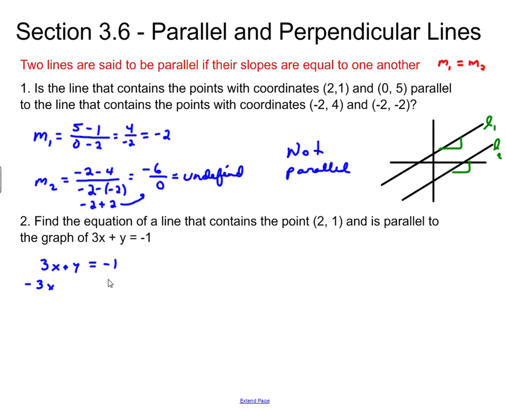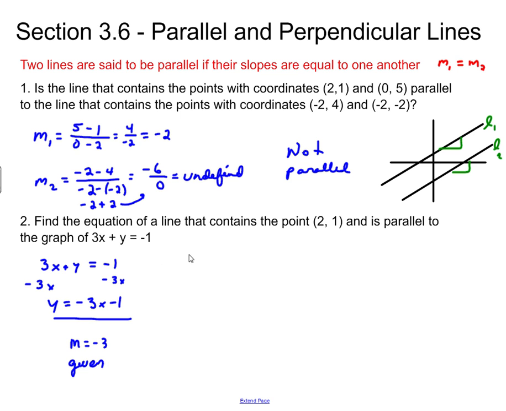So we take -3x to the left and -3x to the right, and you get y is equal to -3x minus 1 as our equation. And so we call our slope here -3. This is the slope of the given line.